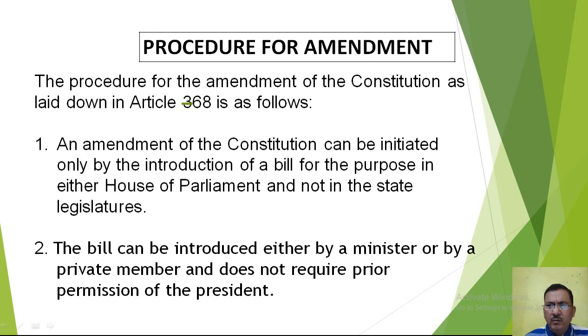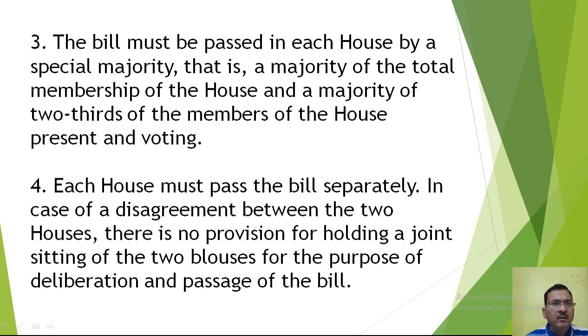So any member of the parliament has the authority to introduce the constitutional amendment bill in the parliament of the country. And there is no requirement of any prior permission from the President of India for introducing the constitutional amendment bill in the parliament. The next one is, the bill must be passed in each house by a special majority.